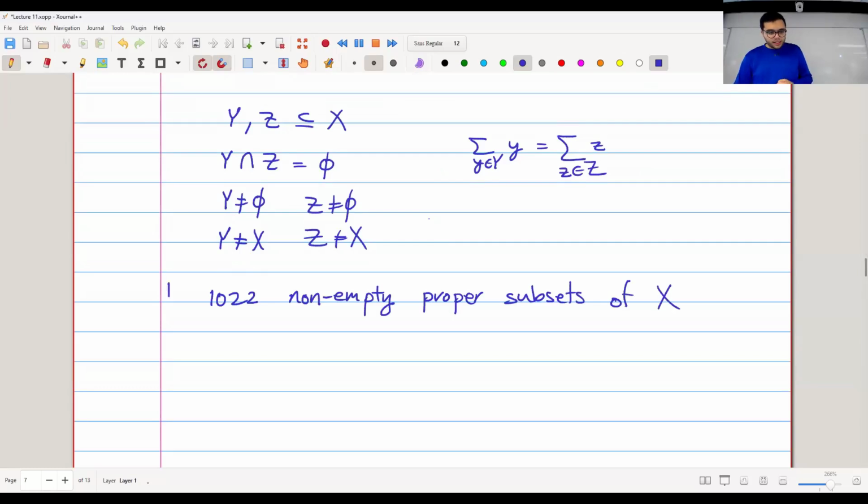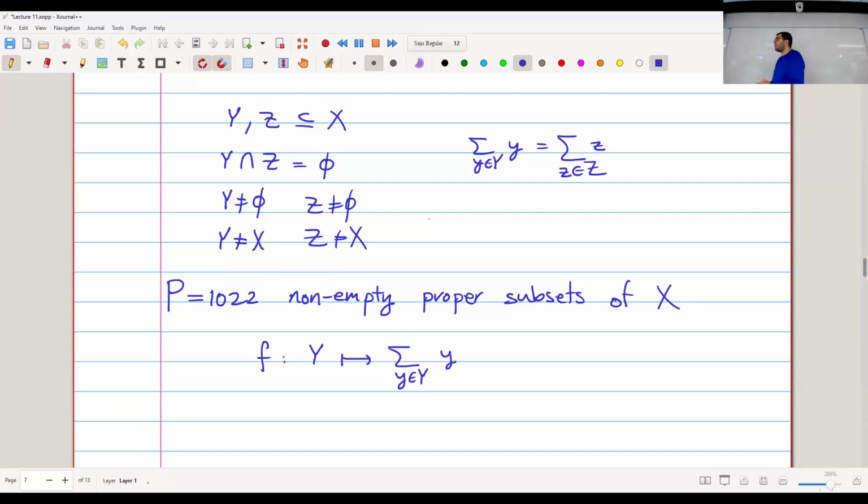Okay. Let's say that this is my set P. My pigeons are going to be all the non-empty proper subsets of X. So I have 1022 pigeons. Okay. And let's say that the function I have just takes the pigeons and maps them to the sum. So it takes, let's say, some element y, and it maps it to the sum of all the elements in y.